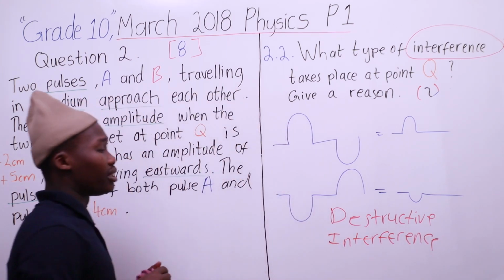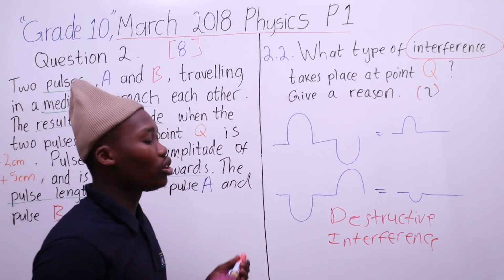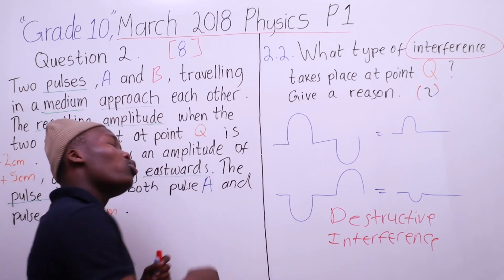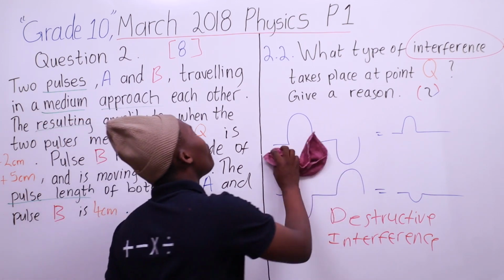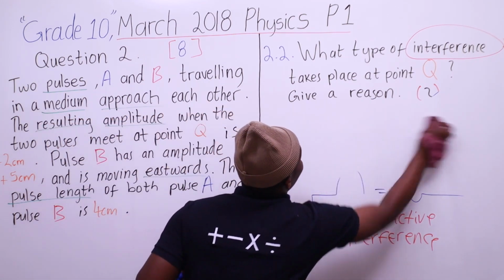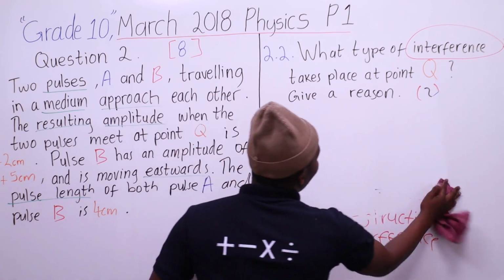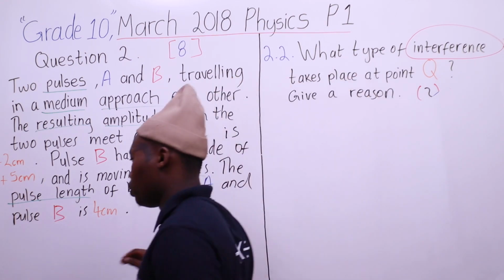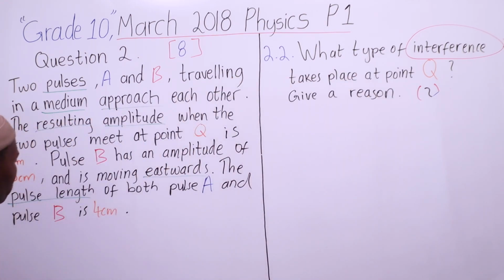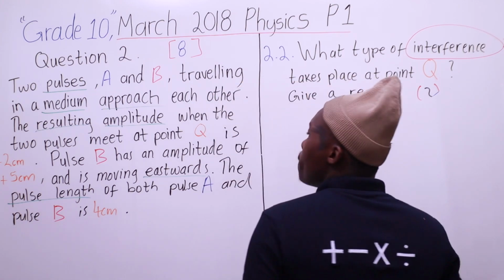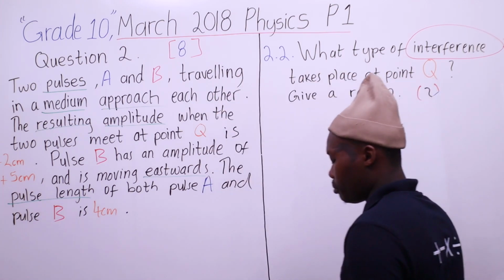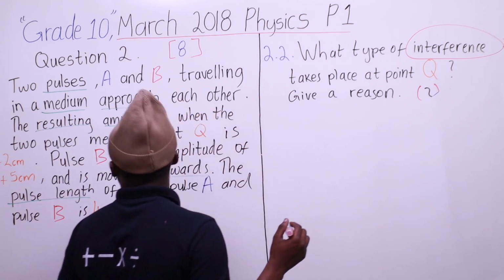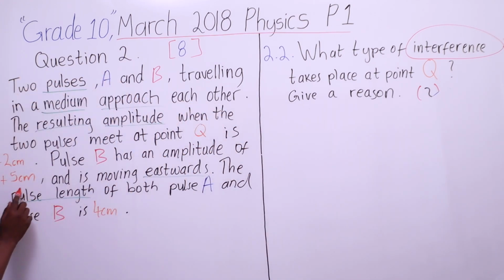So now you know what destructive and constructive interference are. In the question, how do we know which one is being talked about, constructive or destructive? Let's look at these 2 pulses. Pulse A we do not know, but we know that pulse B has an amplitude of +5.